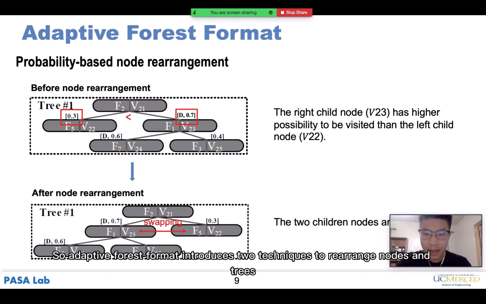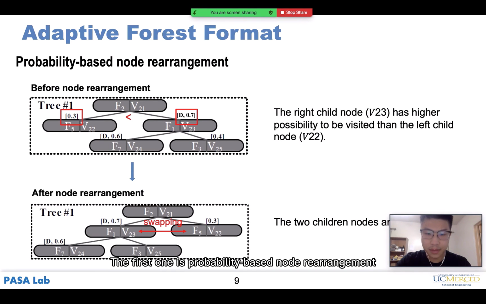So, adaptive forest format introduces two techniques to rearrange nodes and trees. The first one is the probability-based node rearrangement. Based on the information of edge probability, if the left child has a lower probability to be visited than the right child, we swap the two children nodes. The method goes from top to bottom of the trees.